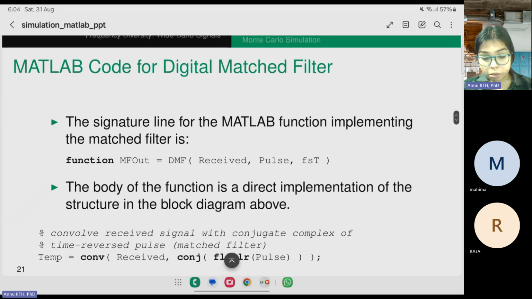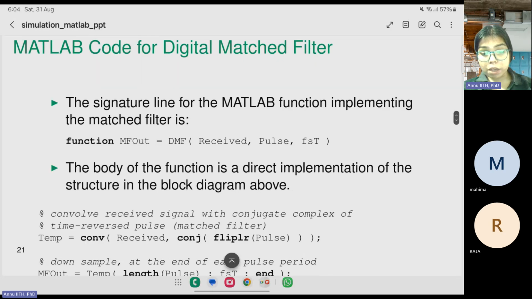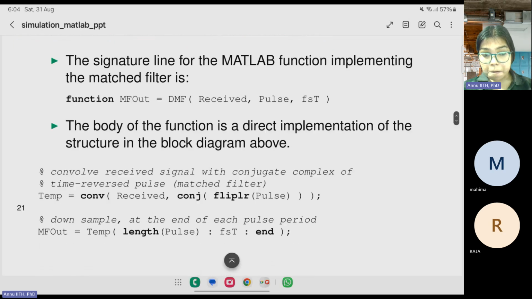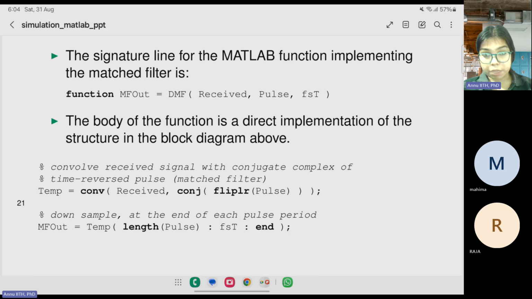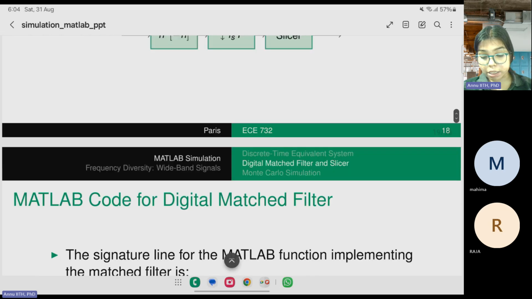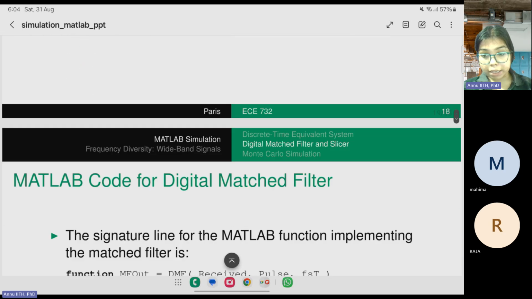So the MATLAB code for the digital matched filter we can see here. First of all, this will be the function MF out equals DMF, where received, pulse, and FST are the inputs. The body of the function is actually a direct implementation of the structure in the block diagram above. So temp equals the time reversed pulse, because we wanted a time reversed pulse as per this equation, this block diagram.